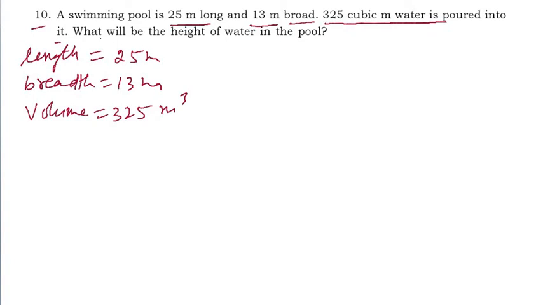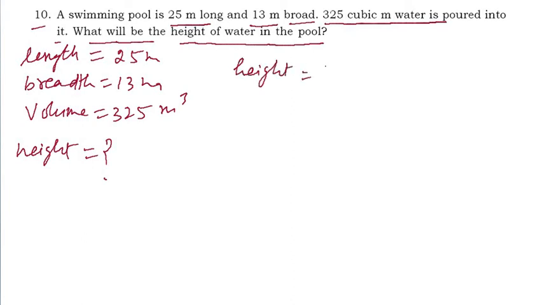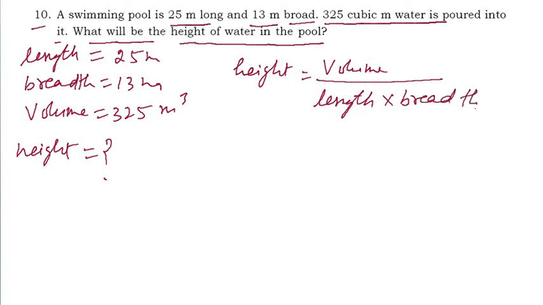Now, what will be the height of the water in the pool? That means we want to find the height. Height is question mark. So we have the formula for height. Height will be equal to volume upon length into breadth. So volume is given as 325, length is given as 25, and breadth is 13.